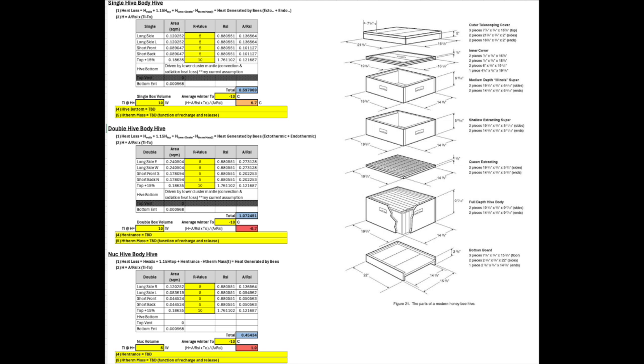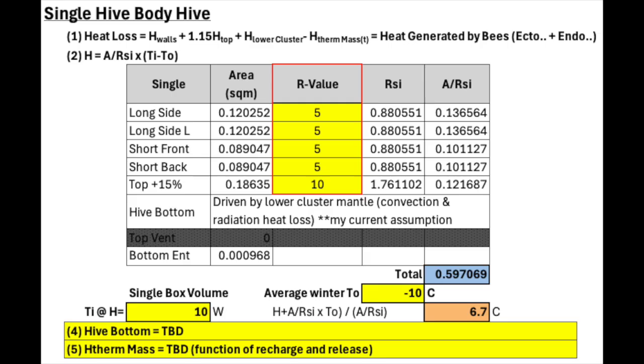I'm assuming 10 watts, so a cluster that's generating 10 watts, and then assuming the average temperature outside in the winter. In this example, it's -10. Then you can adjust the insulation factors, the R factors, those yellow boxes, for the different walls, and you can see what the impact is.